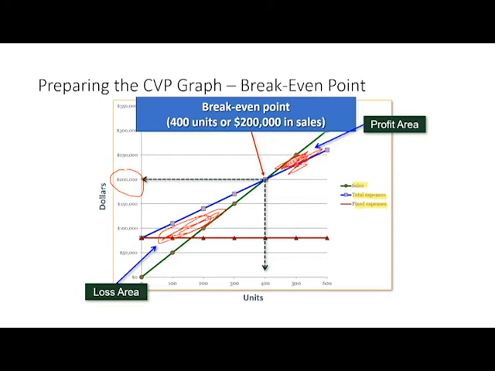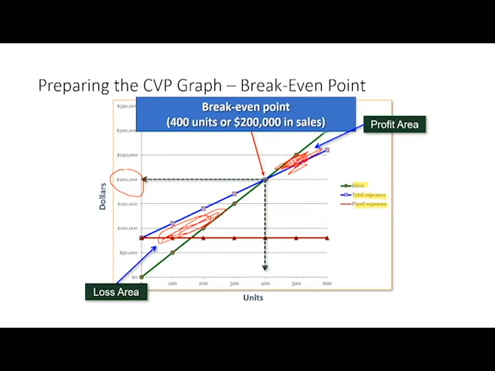You can see that in the profit area, the green line represents the sales, so the sales are greater than the cost, and then there will be a profit area here. And for the loss area, the blue line is the total expense line, and it is higher than the green line, the sales line.